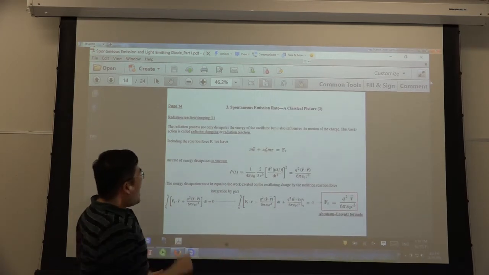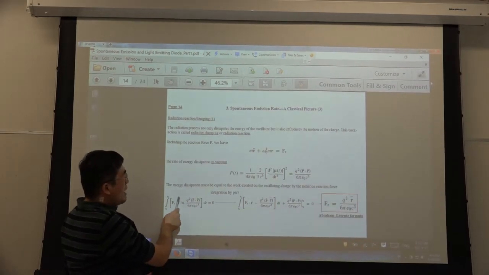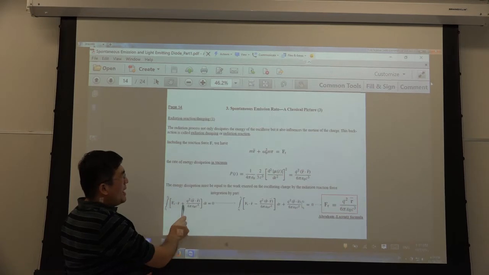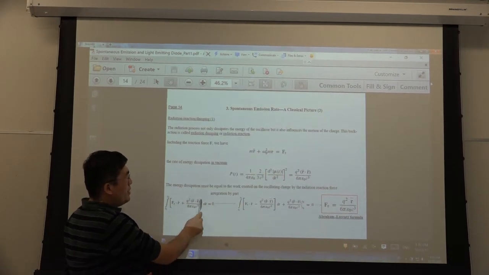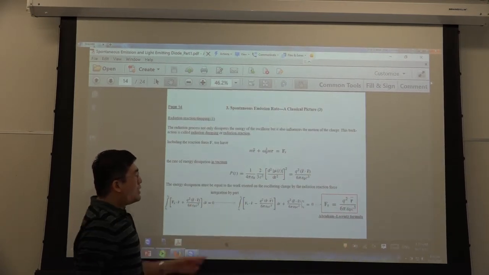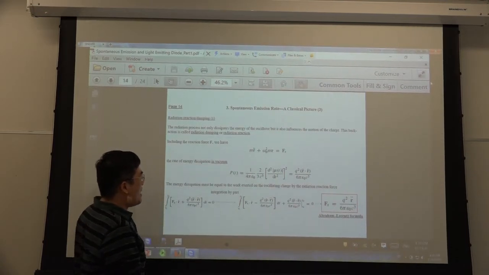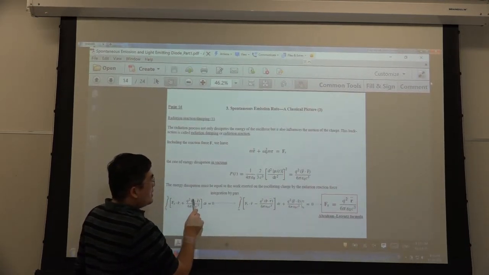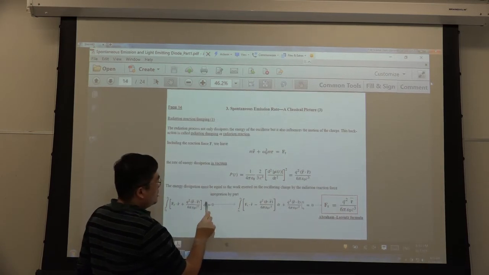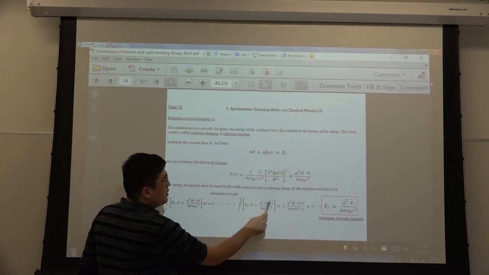So F·v is a power by the radiation force, and this is the radiation power. They are balanced. I do the integration by parts. This r double dot, I put as r dot in here, so it's r triple dot.